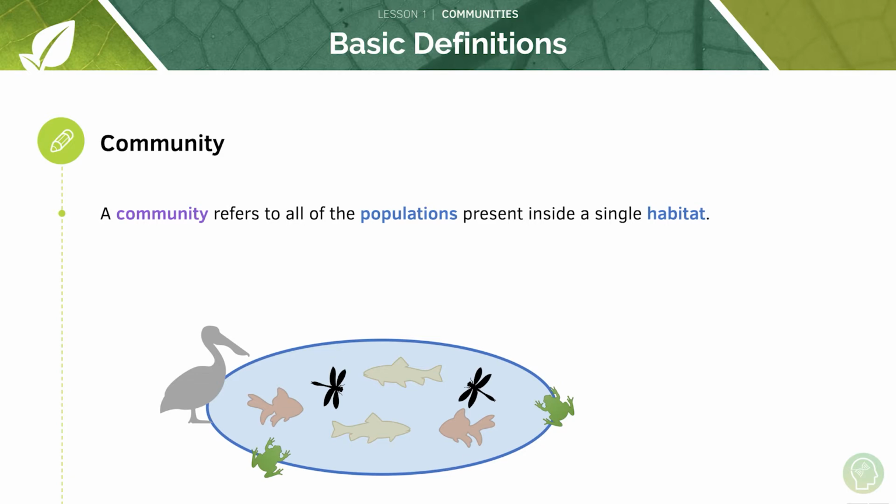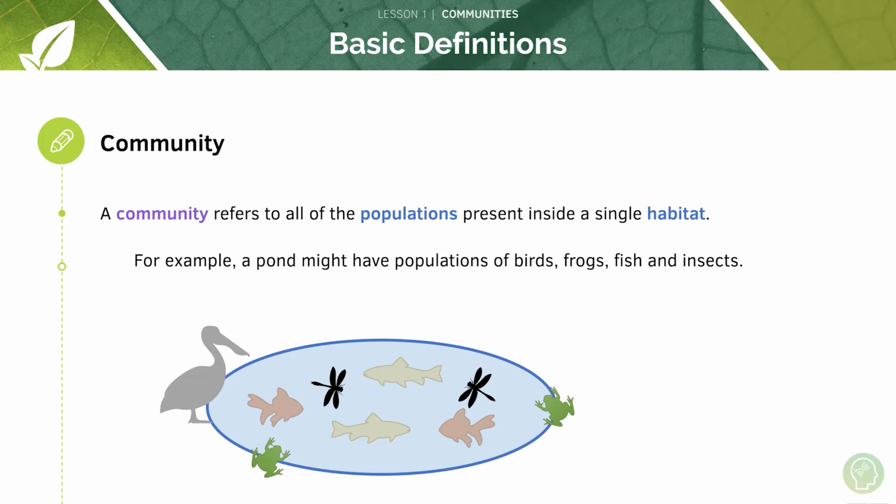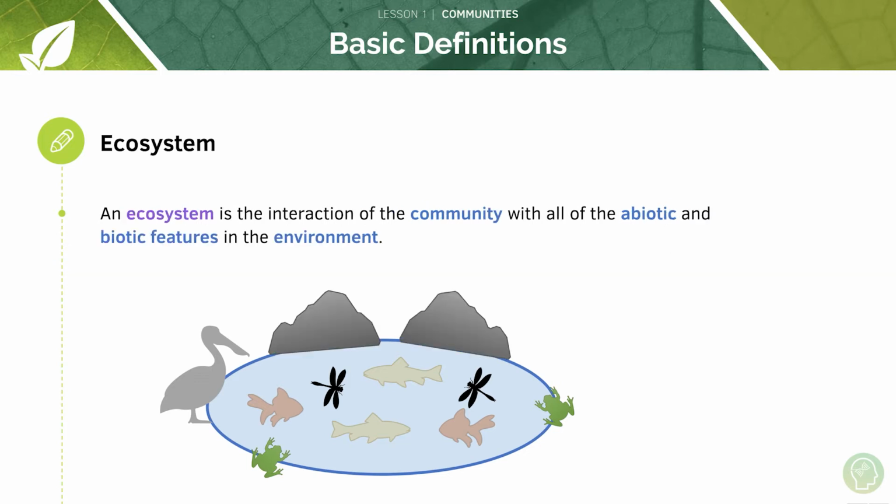Community is all of the populations, so all of the organisms of different species, present inside a single habitat. For example, a pond will not only have those fish that we saw in the previous slide, but there'll be birds, frogs, insects. So that's our community living in our single habitat.